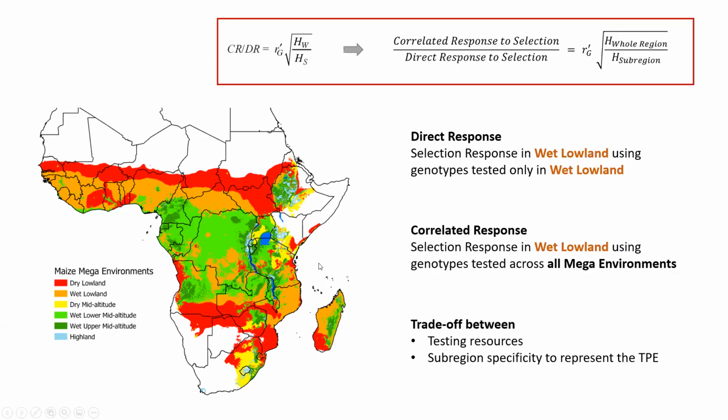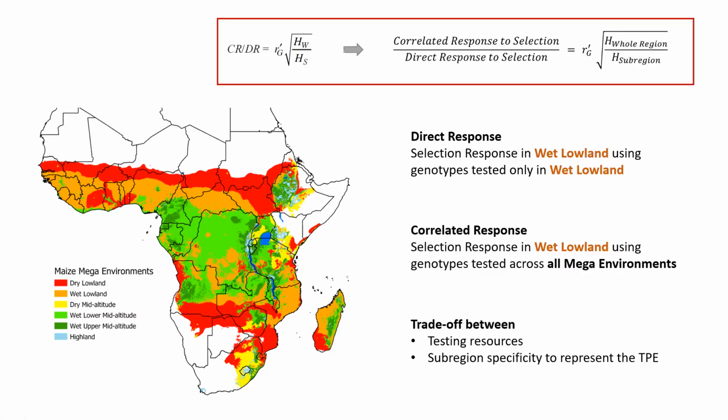So this becomes a trade-off between, as Gary said, the testing resources. How much can we test within wet lowland? How much can we test in the complete set of regions? And the trade-off between the testing resources and the sub-region specificity to represent the TPE we're interested in.